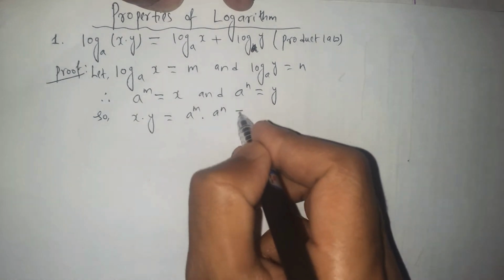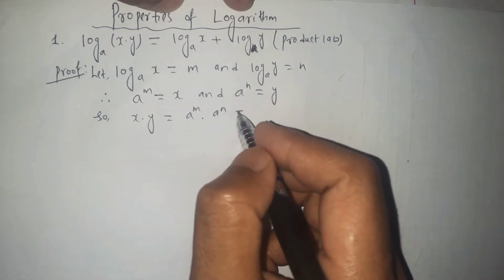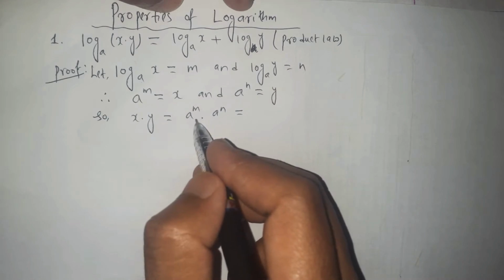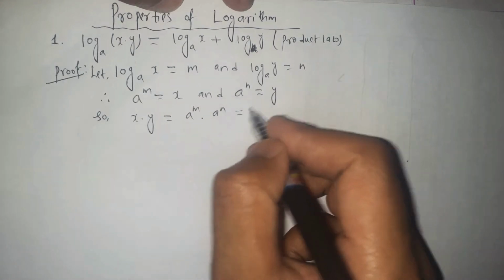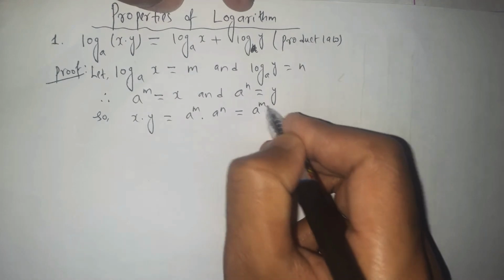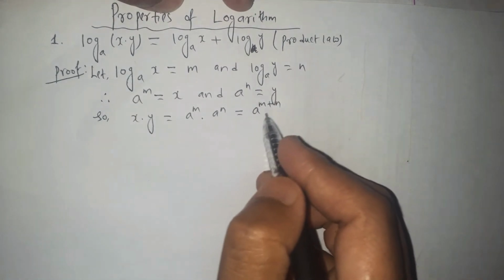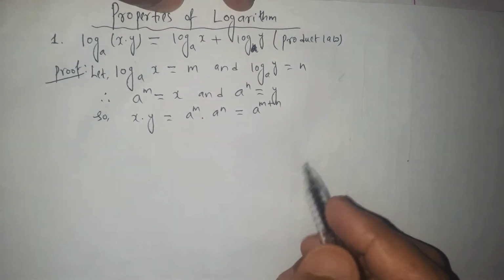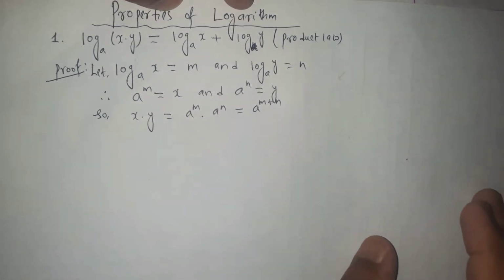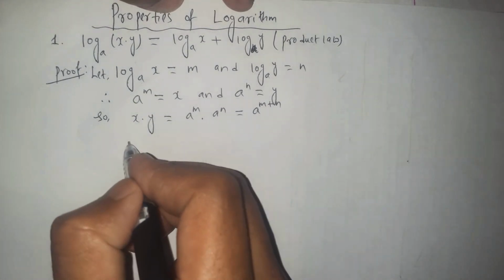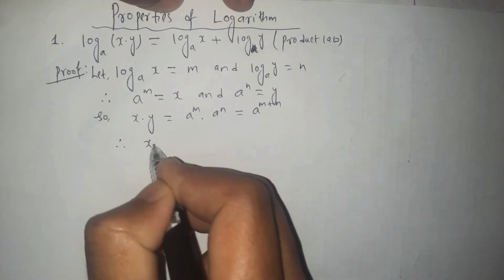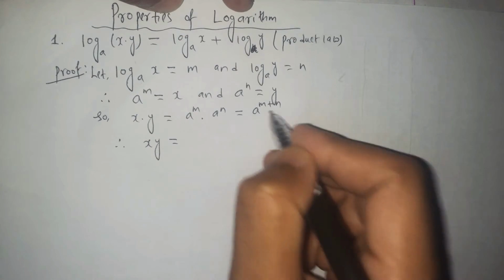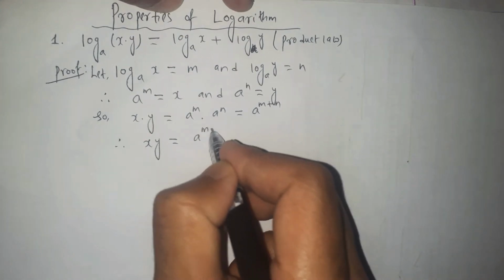By the laws of indexes, the bases are the same and they are in product form, so we can add the powers: a raised to m plus n. Therefore, xy is a raised to the power m plus n.